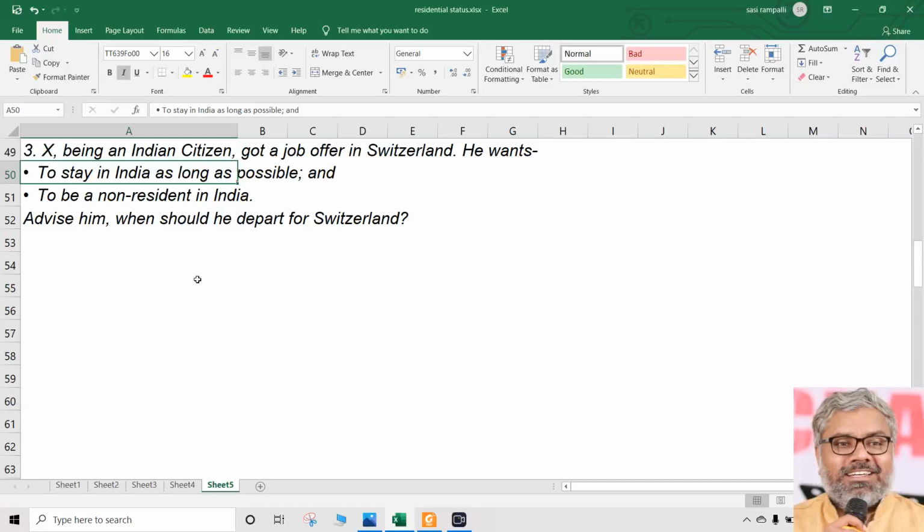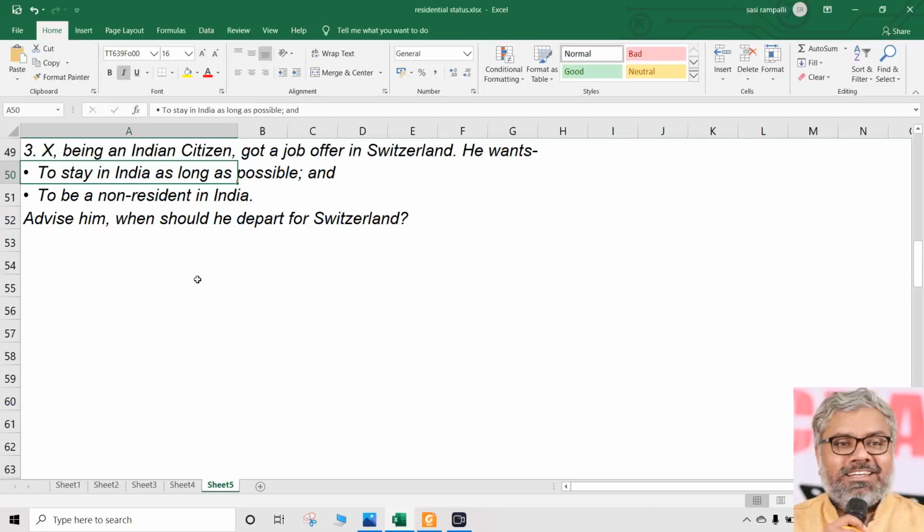First of all, the answer to the question is to identify that this guy belongs to the exceptional category. He is not belonging to the normal category. So basic condition number 2 is not at all applicable for this guy. So 60 days, 365 in 4 years, that is useless for this guy. Why? Because he is an Indian citizen, leaving India during the previous year for the purpose of employment.